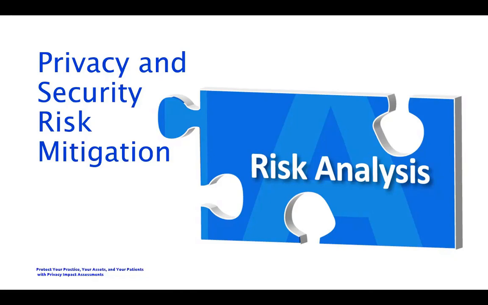Mitigation measures include reasonable administrative, technical, or physical safeguards that protect the privacy and security of personally identifiable and personal health information that the clinic collects, uses, and discloses. In addition to mitigating the risk, an organization can choose to avoid the risk by not undertaking the activity, transferring the risk to another entity, or accept the risk.